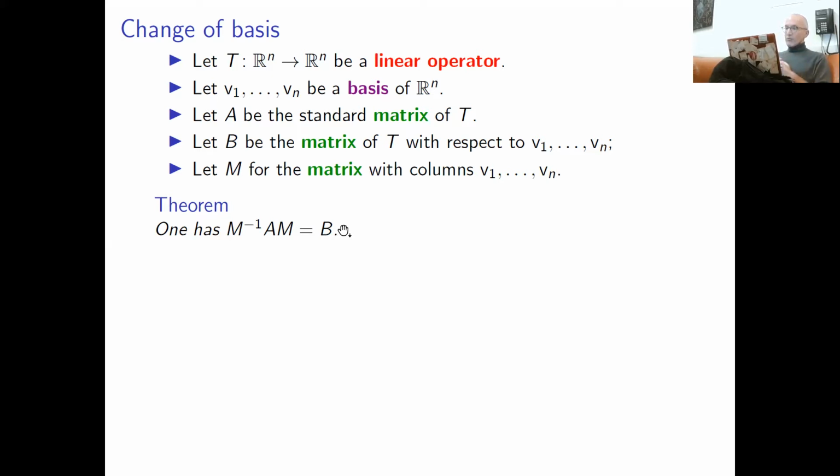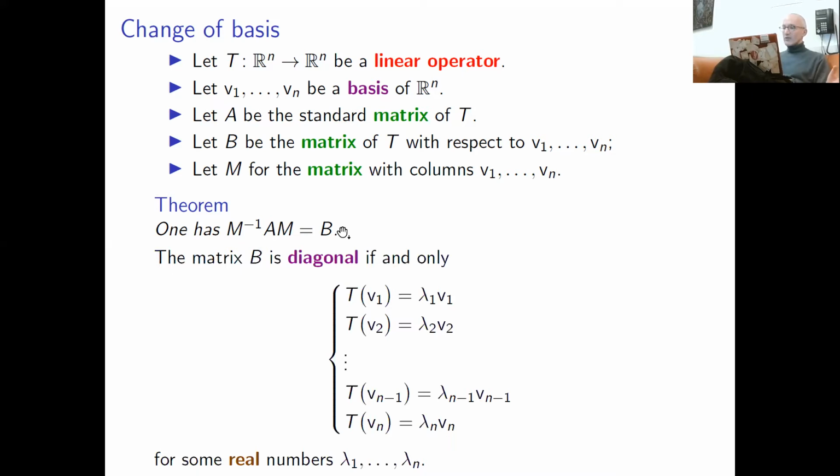Okay, so we illustrated the theorem by two examples in the previous lecture, and in both examples matrix B looked quite simple. Actually, matrix B in both these examples was diagonal. So we can ask a question: can we find a basis v1, v2, vn such that B is diagonal?